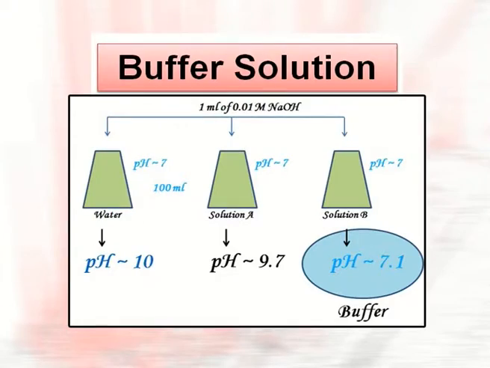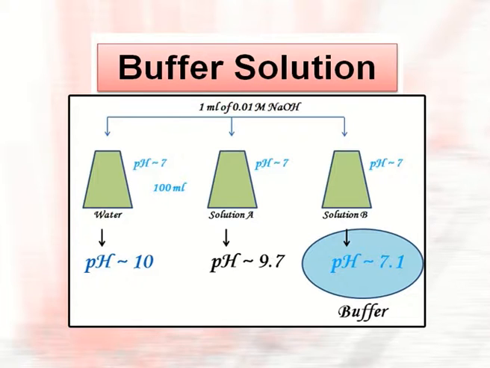This is not only the case for addition of acids, it is equally true if bases are added to these three solutions. For example, if 1 ml of 0.01 molar sodium hydroxide is added to all the three solutions, the pH of water will shoot up to 10, and that of solution A to, say, 9.7.